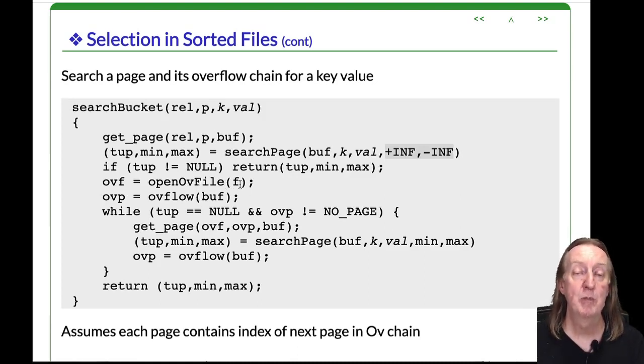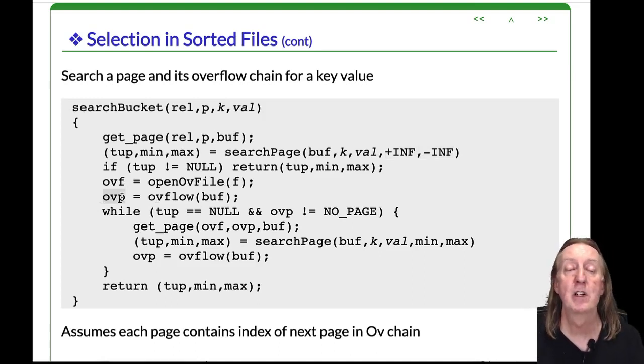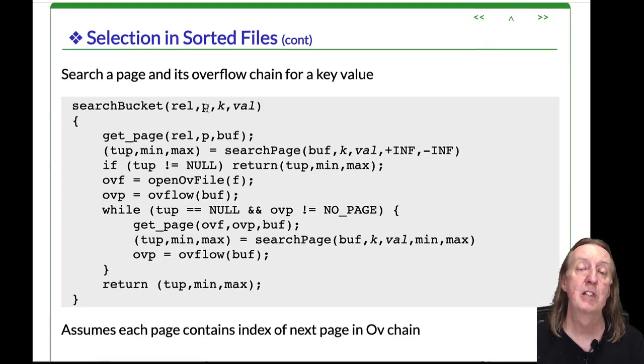And so we need to open the overflow file and fetch a page from the overflow file, or at least find the page ID within the overflow file of the overflow page associated with this page. Alright, and then we scan along the overflow chain.